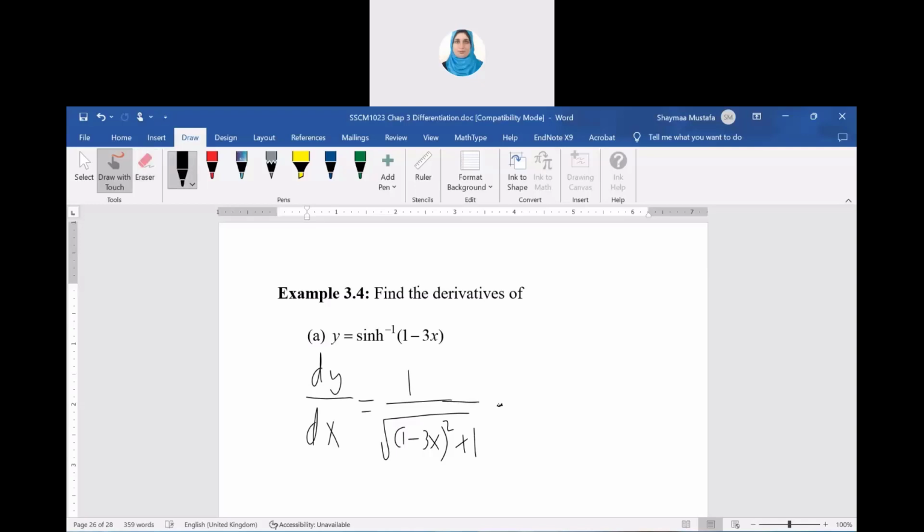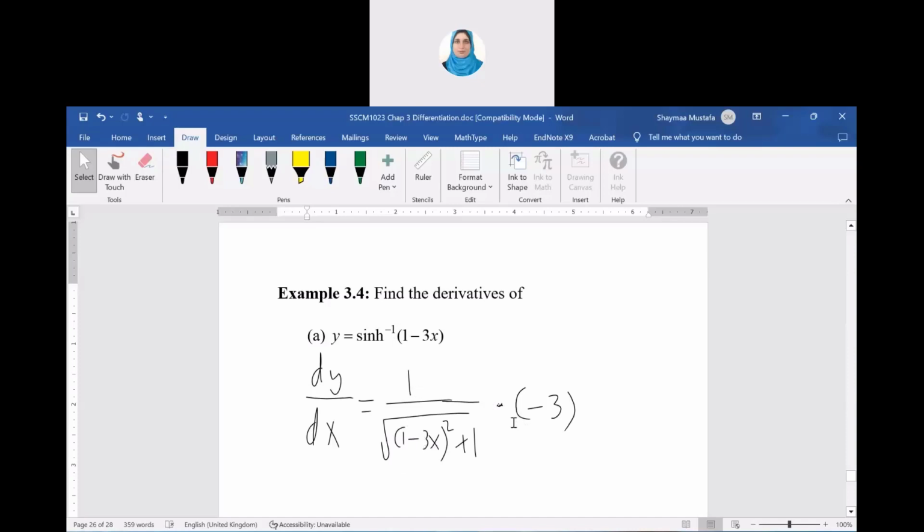Because this is a composite between two functions, you need to keep the function inside. So instead of x, 1 minus 3x, giving (1 minus 3x) squared plus 1 from the formula. Now you need to multiply by the derivative of the function inside. The derivative of 1 is 0, so the derivative of minus 3x is minus 3.